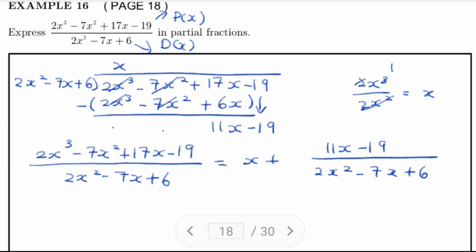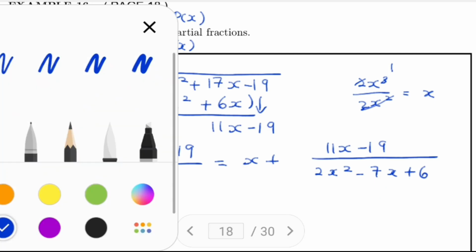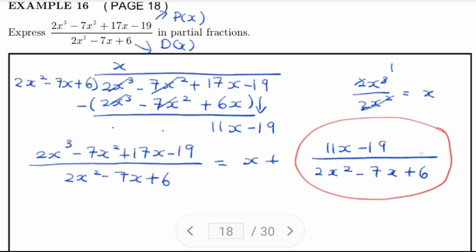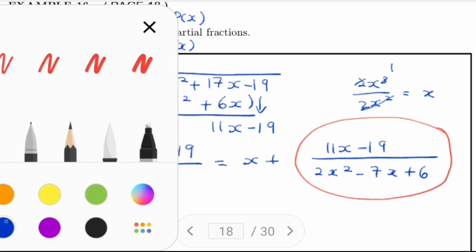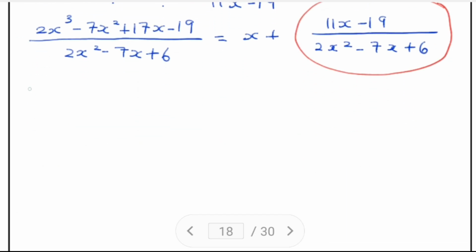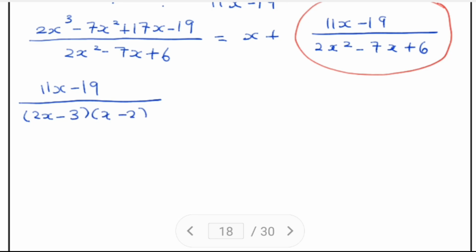For the second term, we now have a fraction which is a proper fraction. So we're going to express the fraction as partial fractions. 11x minus 19 over 2x squared minus 7x plus 6 has a quadratic denominator that can be factorized as 2x minus 3 times x minus 2. So express this fraction in general partial fractions.